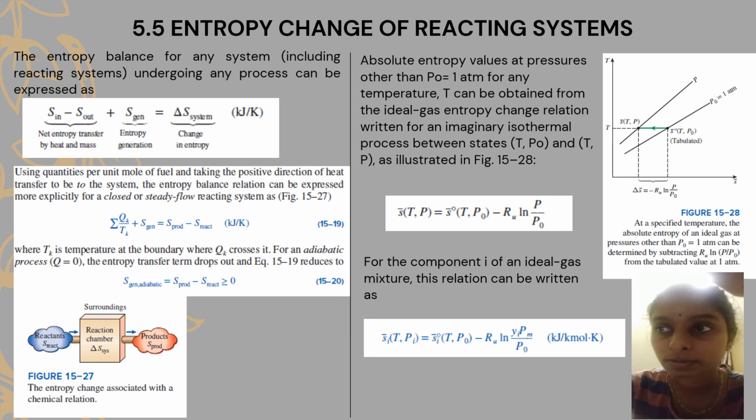That is, absolute entropy values at pressures other than 1 atmosphere for any temperature T can be obtained from the ideal gas entropy change relation written for an imaginary isothermal process between states at temperature T and pressures P0 and P, as illustrated in the figure shown. And there is a formula for the components of an ideal gas mixture.